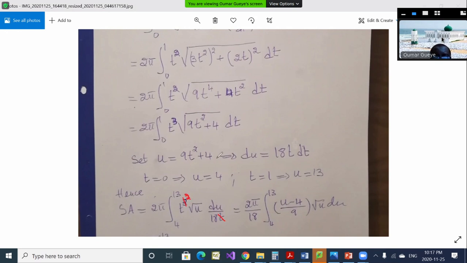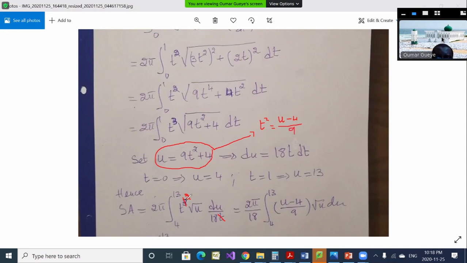Right? And t squared, you can get it from here, because you integrate with respect to u. That's why you have to replace t squared by its value. So from here, you can see t squared is equal to u minus 4 over 9.